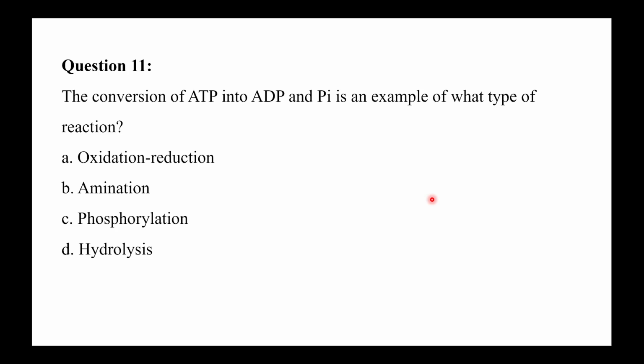The conversion of ATP into ADP and Pi, that is the inorganic phosphate, is an example of what type of reaction? Option A, oxidation reduction. Option B, amination. Option C, phosphorylation. Option D, hydrolysis.